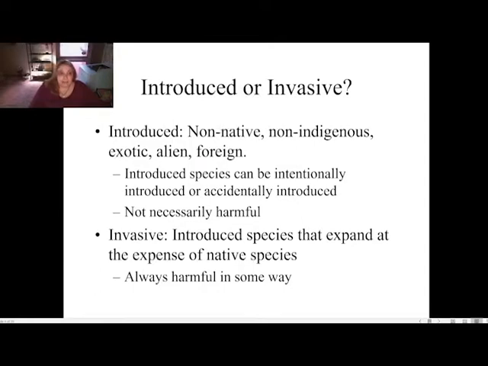It's estimated that there's around 50,000 non-native species in the US, and most of them aren't harmful. But there is a subset of those that cause problems, and those are the ones that we deem invasive. An invasive species is defined as a non-native species that increases or expands at the expense of a native species. So they're always harmful in some way.